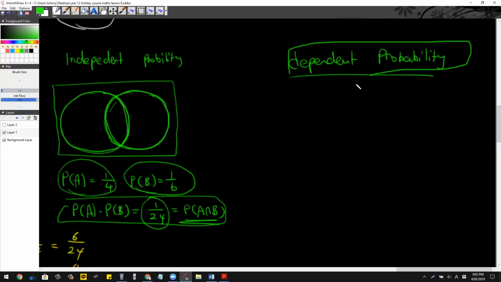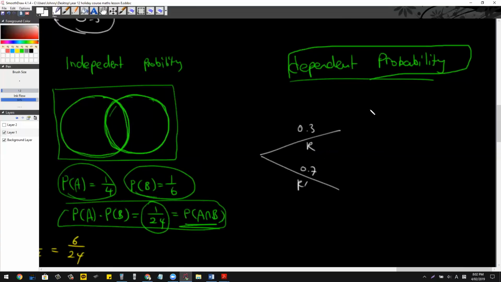So now let's talk about dependent probability. Let's say the probability that it rains is 0.3, and the probability that it doesn't rain is 0.7, of course, on any particular day in Canberra. So from now until forever, any day there's going to be a 30% chance of raining. I'm not sure if you like that or not, but I think Canberra needs some more rain.